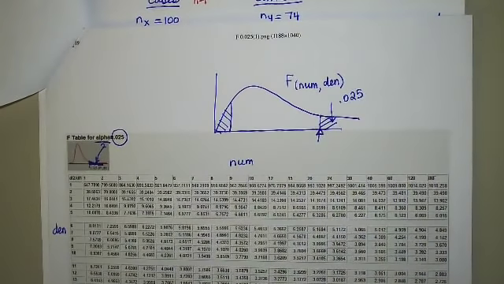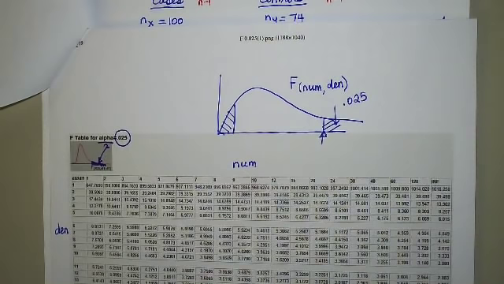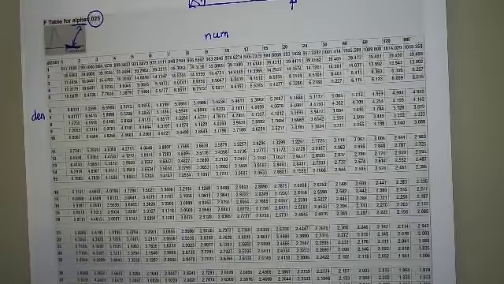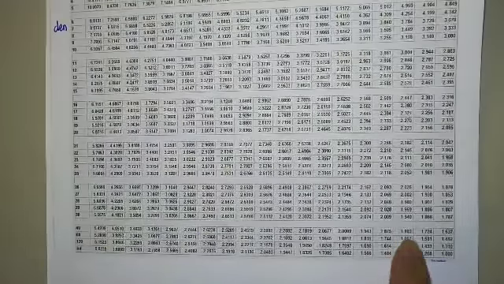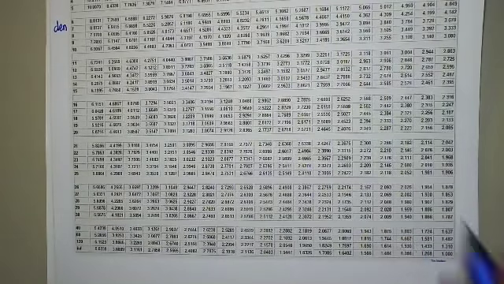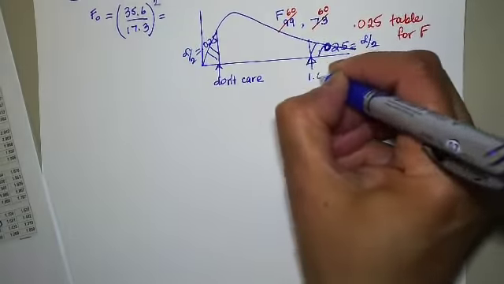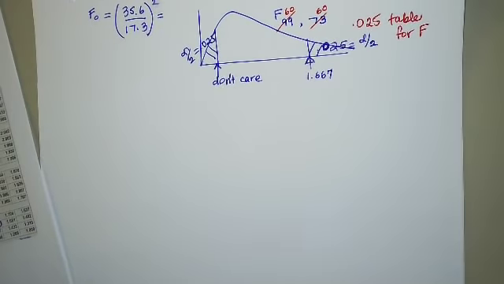So 60 and 60 and 0.025 gives me 1.667. That's my critical value.